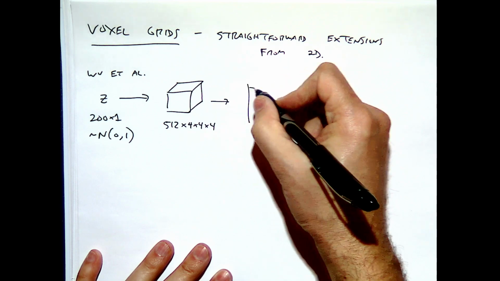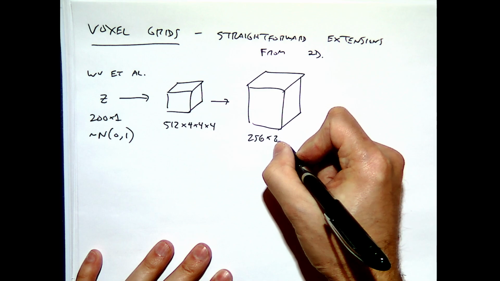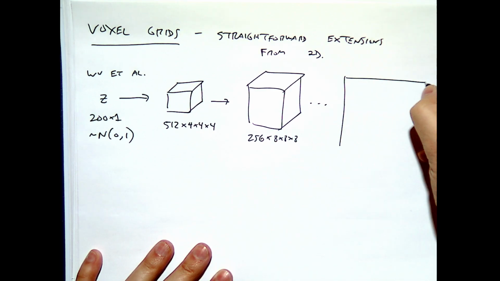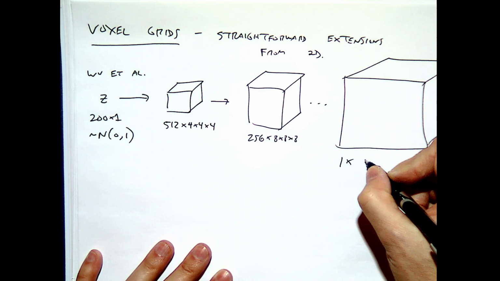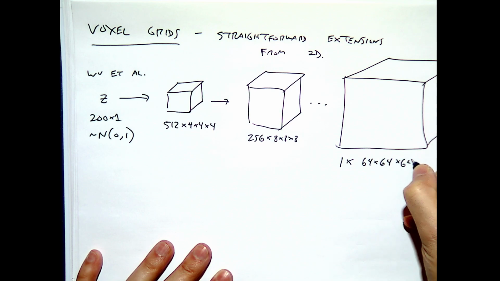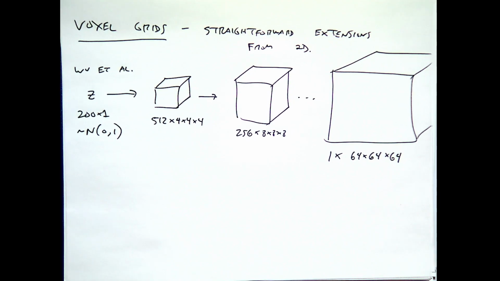Then we keep upsampling the size of the cube while decreasing the number of channels, until we get to the largest voxel grid. This only has one channel, and it may be, for example, a 64 by 64 by 64 voxel grid. So this is an all-convolutional 3D network for the generator.